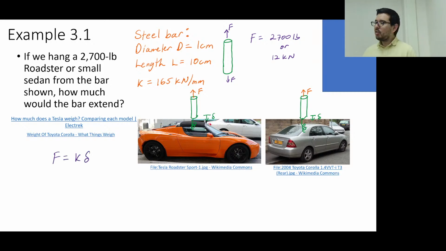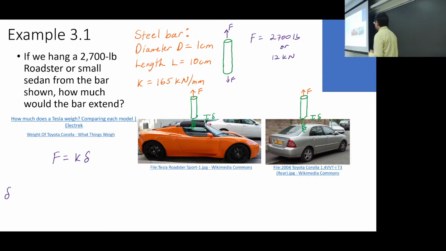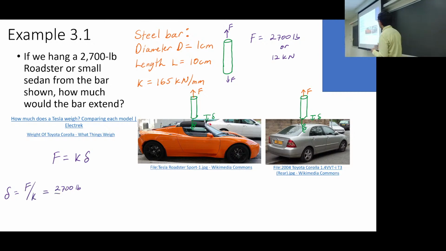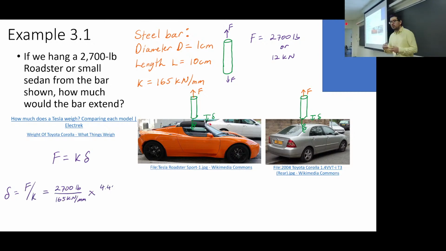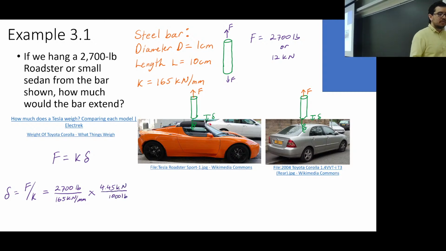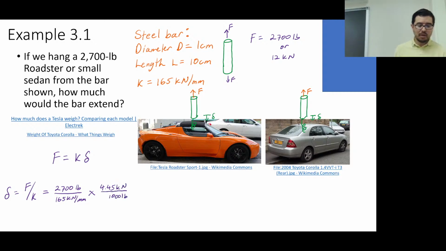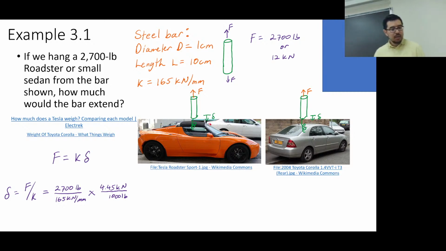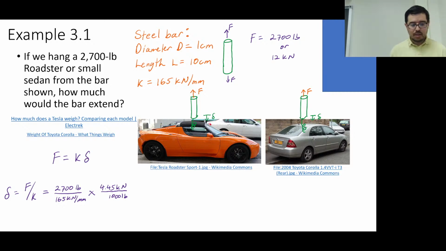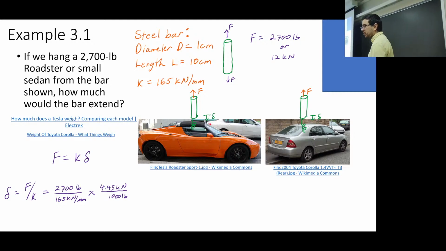So, going back to this equation, F equals K delta. If we want to know the deflection, we can just say the deflection delta is equal to the force divided by the spring constant. Keeping track of the units is very important, okay, because we had units in pounds and we have a spring constant in newtons per meter, or kilonewtons per millimeter, all right, that you multiply by 10 to the 6, by the way.